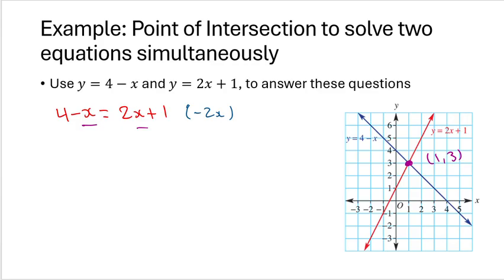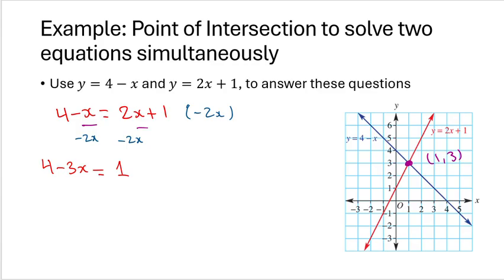So that's why I am subtracting 2x from both sides. I like my variables on the left hand side. So it becomes minus 2x there, minus 2x. I'm left with 4 minus 3x equals 1.